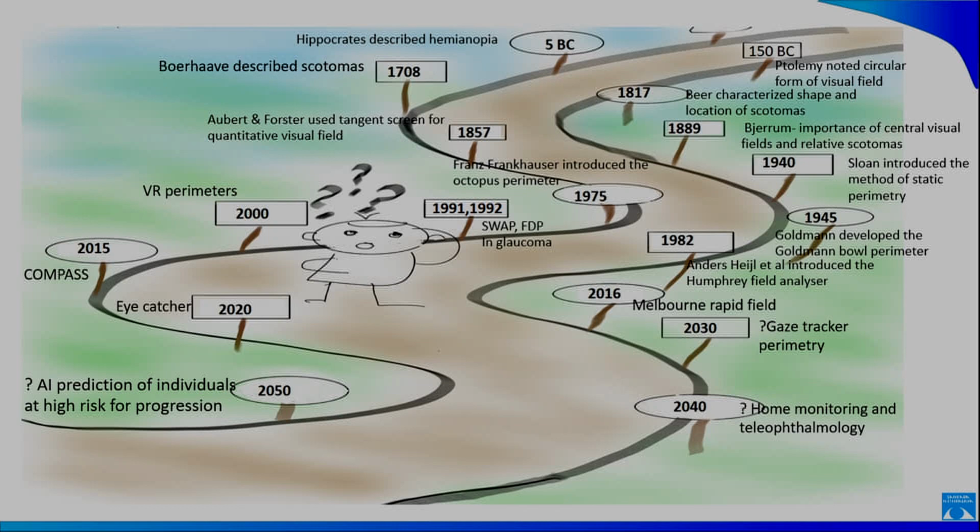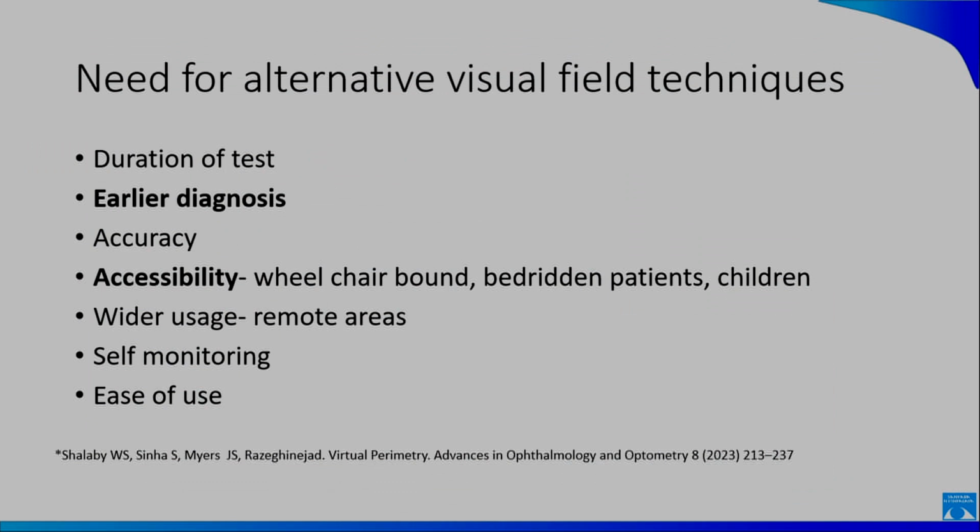So we sometimes wonder whether these are as good as the established ones and what their current status is and scope for future development. We definitely would have an advantage having an alternate visual field technique that helps in earlier diagnosis, is more accurate, accessible, has a larger coverage, and can be used by the patient themselves easily.